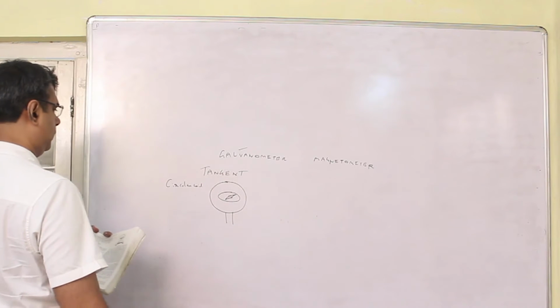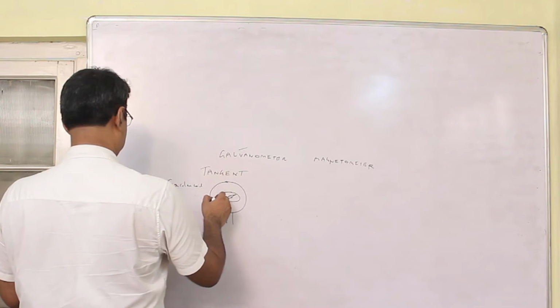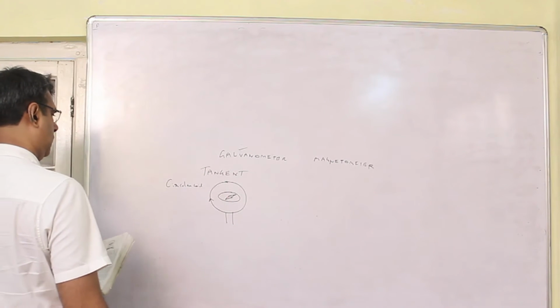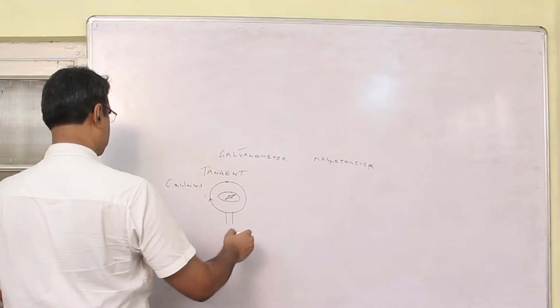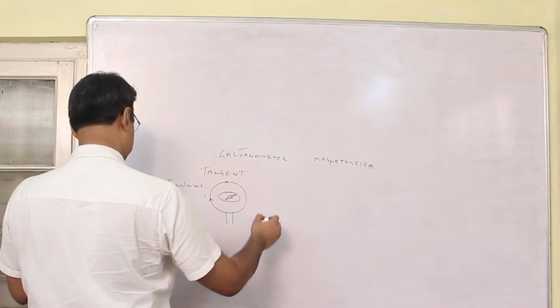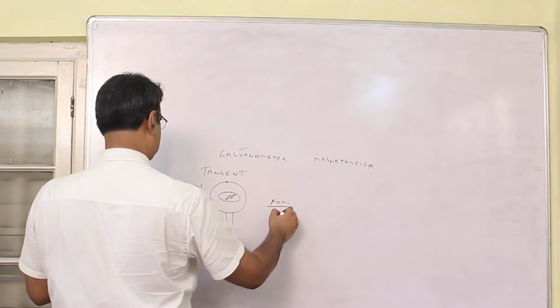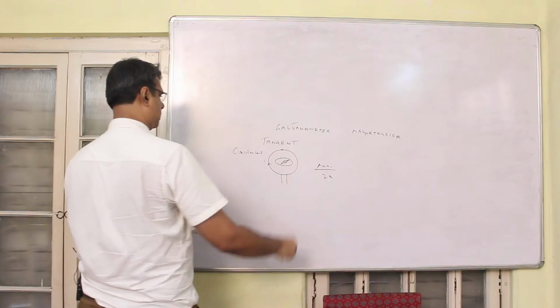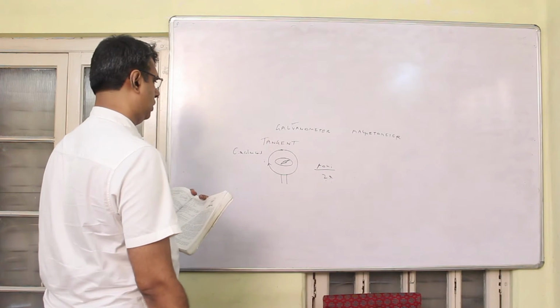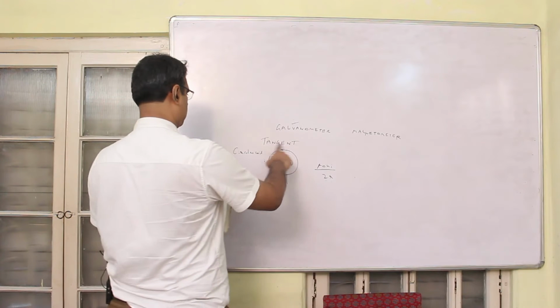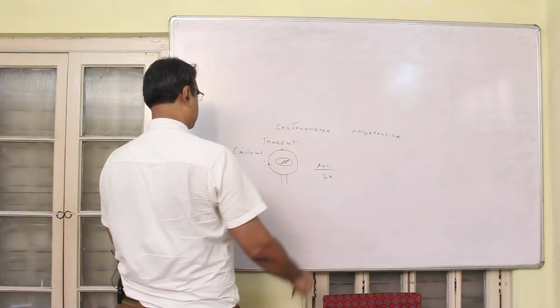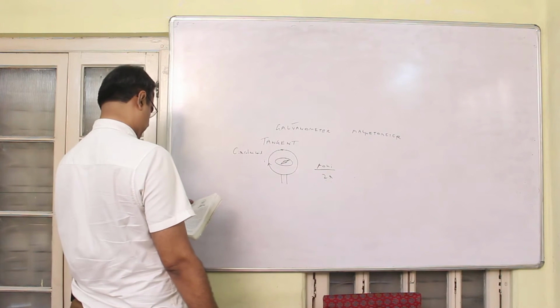Now, if you allow current to flow through this coil, let us say that the coil has n turns, so you know that the field at the center of this coil is mu naught Ni by 2R.